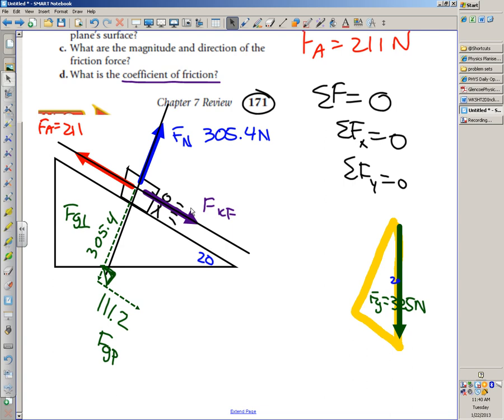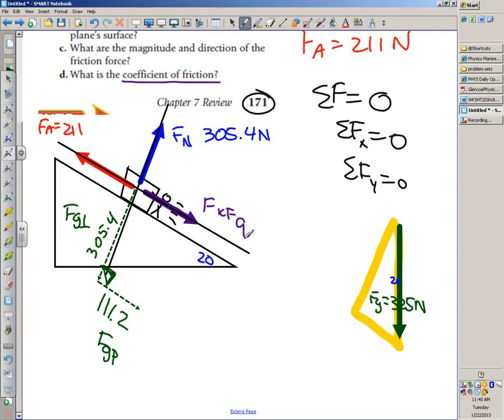Based on the information we have, can we figure out what the frictional force is? Should be able to, right? What are you going to do? F of A minus f of g parallel, and then whatever's left over has to be friction, because what has to be true on the x-axis? It's got to end up 0.